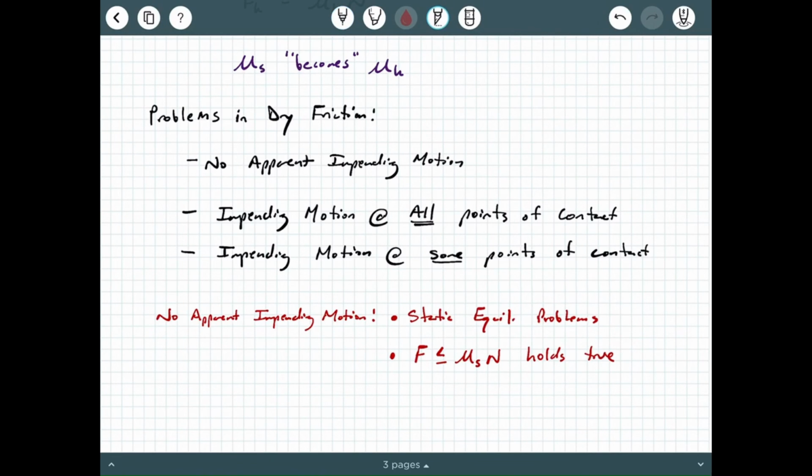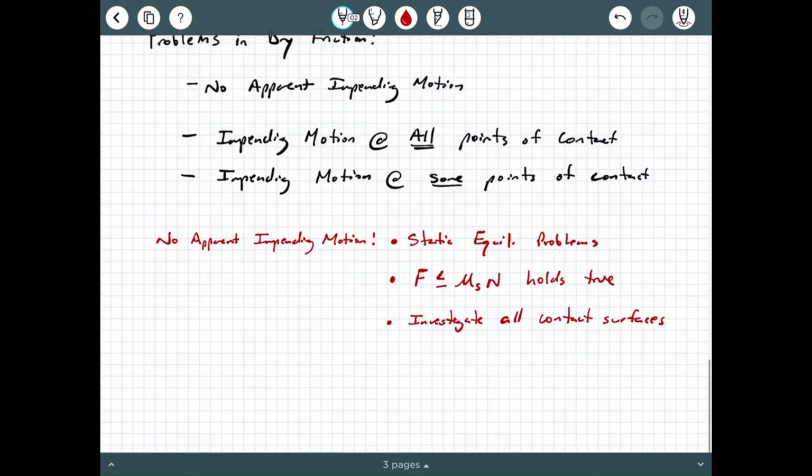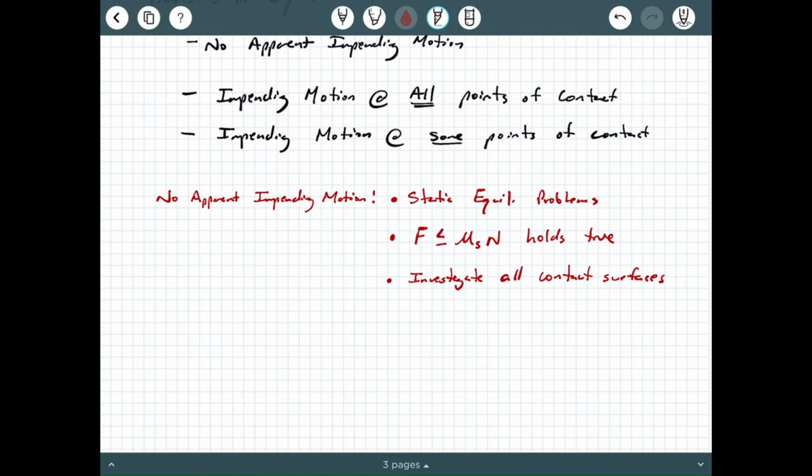So that means any force that develops is always going to be less than the friction force, right? Mu sub s N is the friction force. So any developed force will be less than or equal to the friction force, which means that it's not going to move, okay? And then we need to make sure we investigate all contact surfaces to make sure that this second bullet point is holding true, okay?